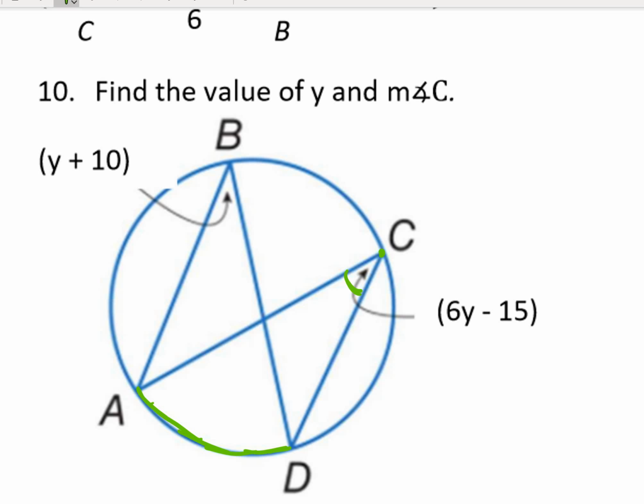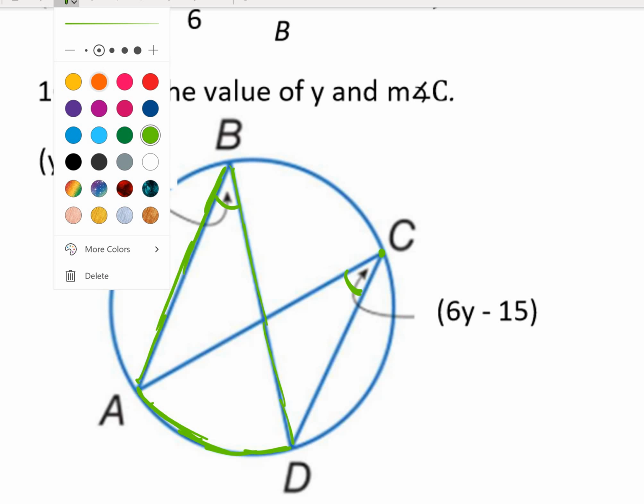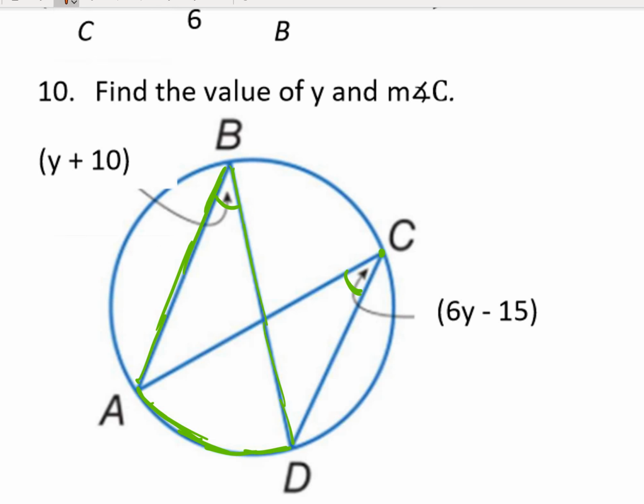And then the other angle that's noted here, I'm going to look at its intercepted arc, and it also intercepts the same arc, AD. So two angles that intercept the same arc must be equal because they are both 1/2 the measure of the intercepted arc. So if they are equal, typically, when a problem sets things congruent, we can then say that they are equal.